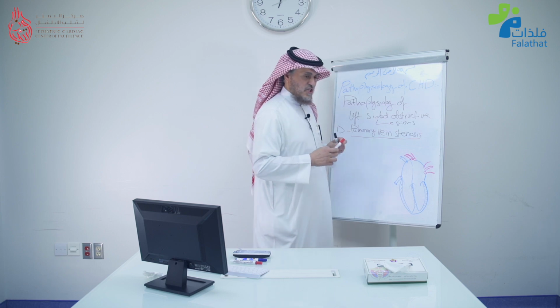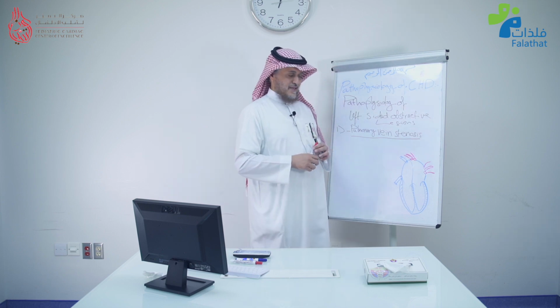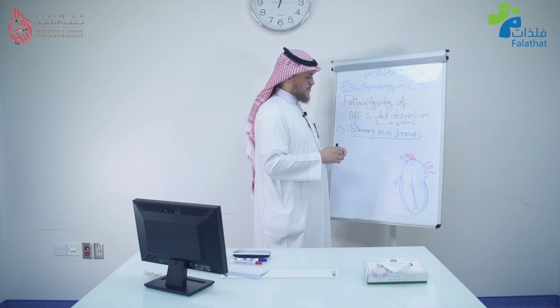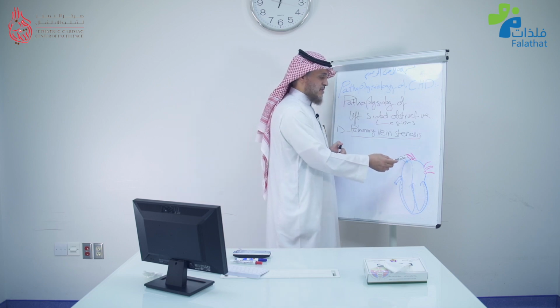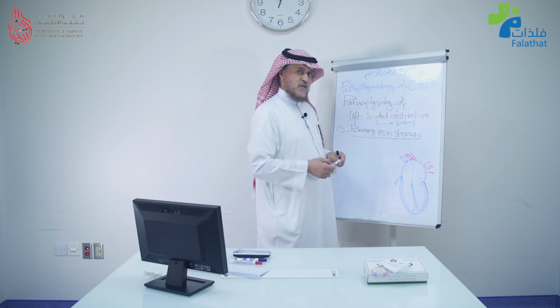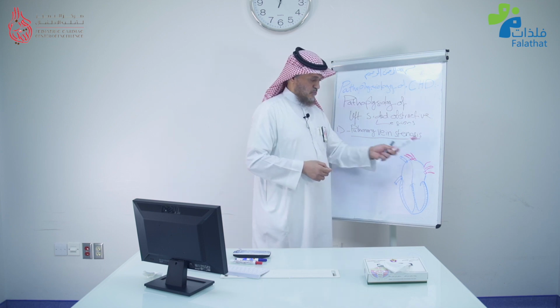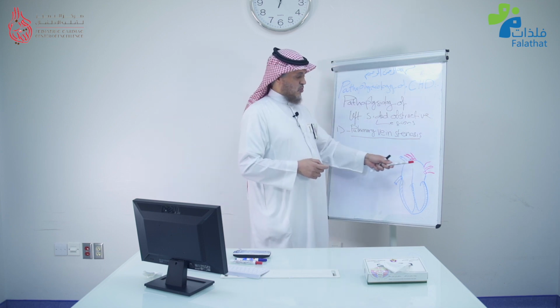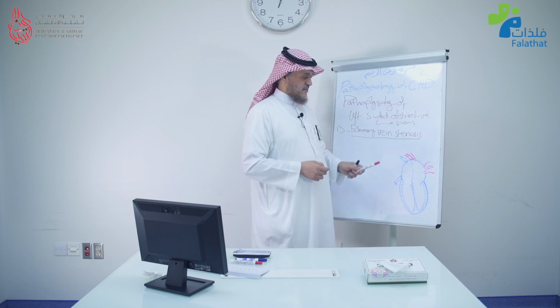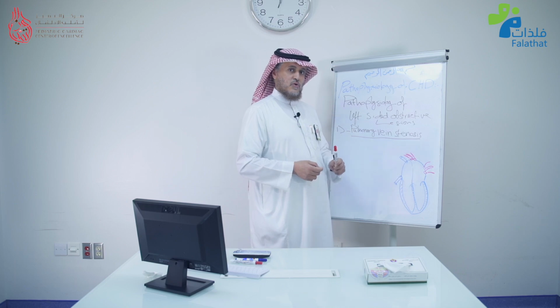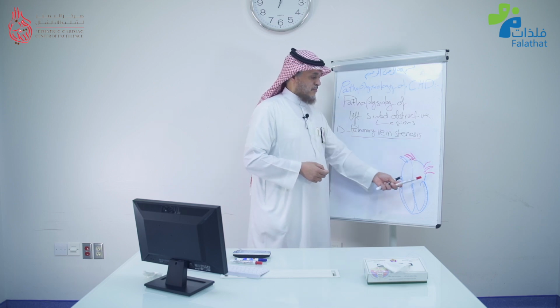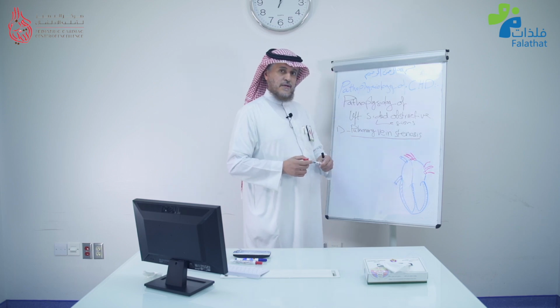Before we go into the deep pathophysiology of such disease, we can say that it does not mean, when we have pulmonary vein stenosis, that all the veins should be involved. It could be one vein, two veins, one side with the other side okay, or all of them are actually stenotic.